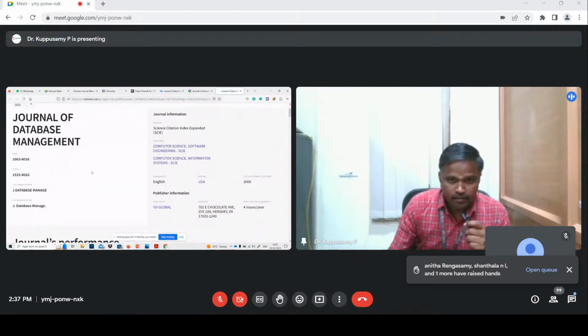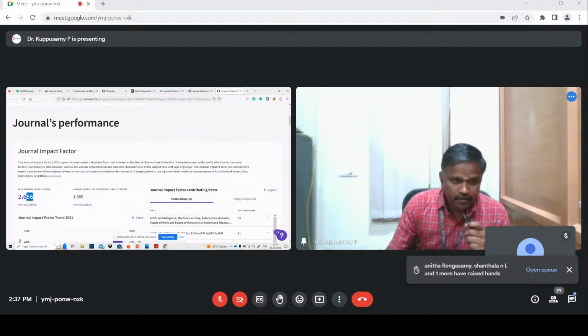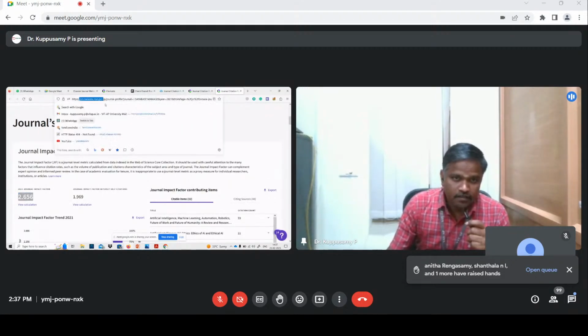IGI Global is the brand publisher, publishing from 2006 onwards, with 4 issues per year. What is the impact factor? You look at that. This is the impact factor of this journal. So like this, we can check the impact factor of a journal by using the web page here, Clarivate.